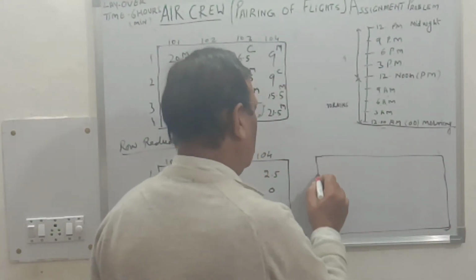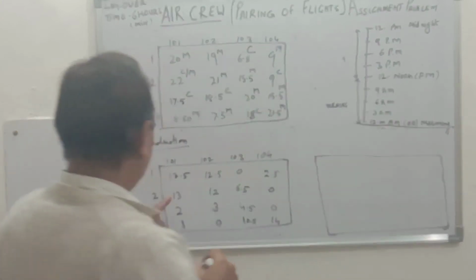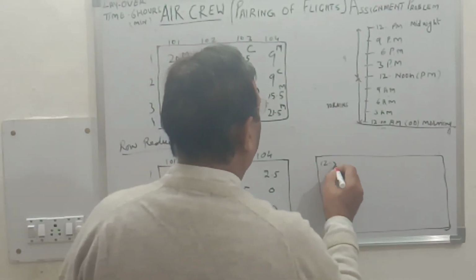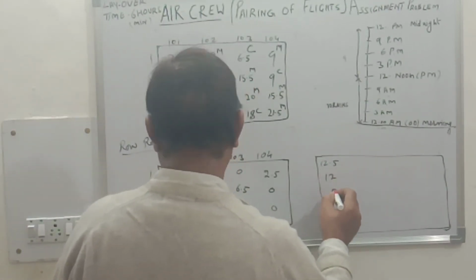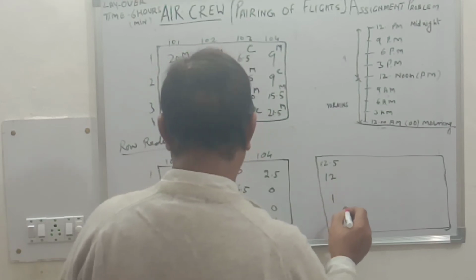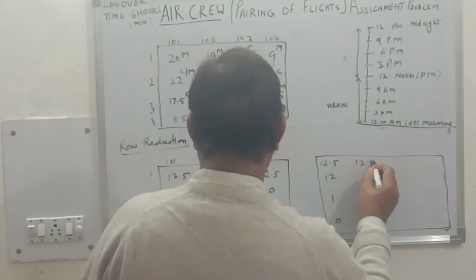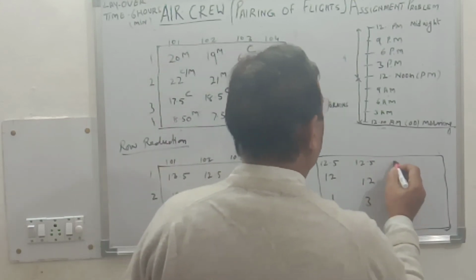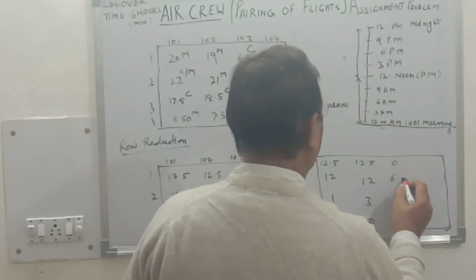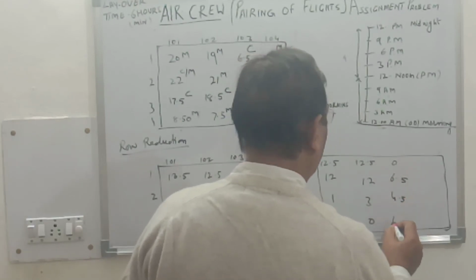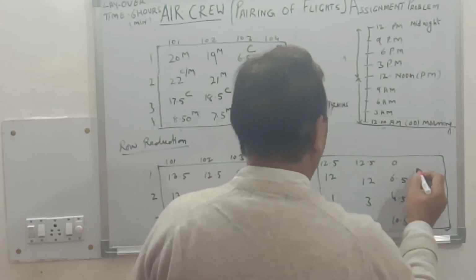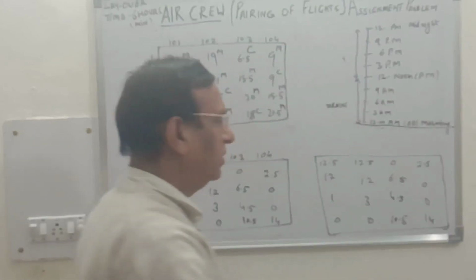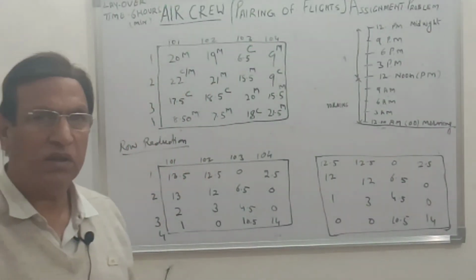Though it is a single column which has no 0, in that first column we have to reduce it. 1 is the minimum element: 12.5, 12, 1, 0, 12.5, 12, 3, 0, 0, 6.5, 4.5, 10.5, again 2.5, 0, 0, 14. Now this is the table after column reduction.